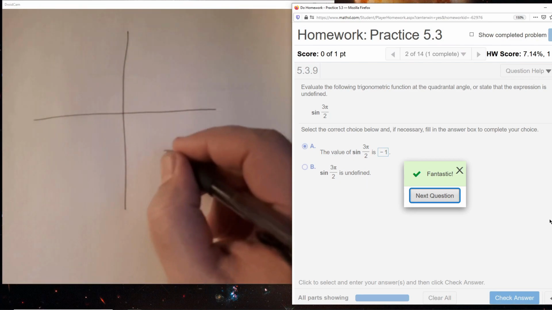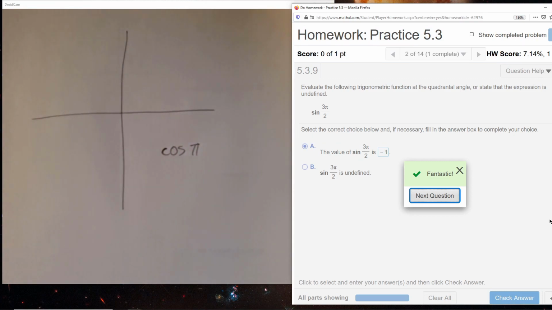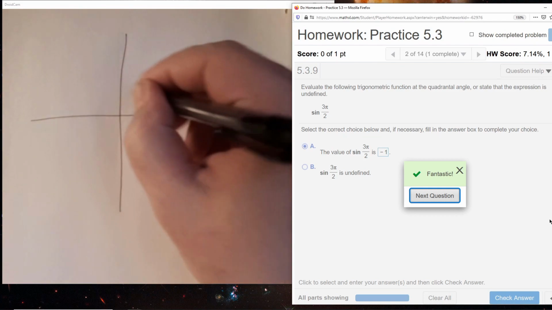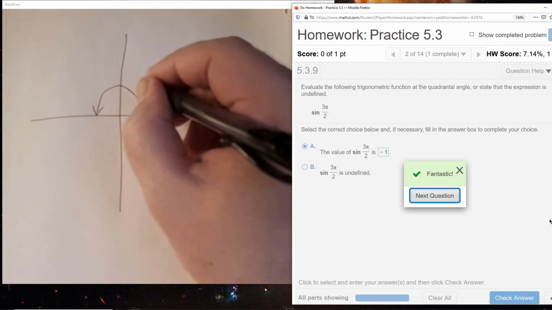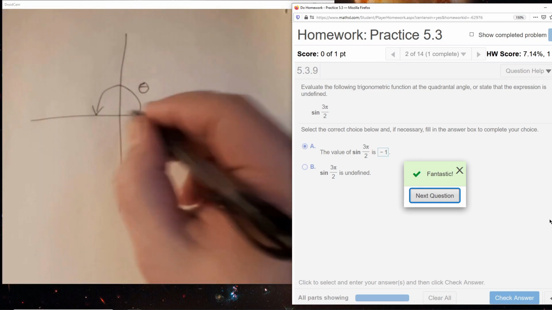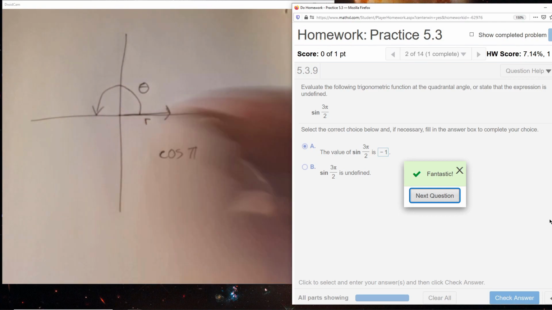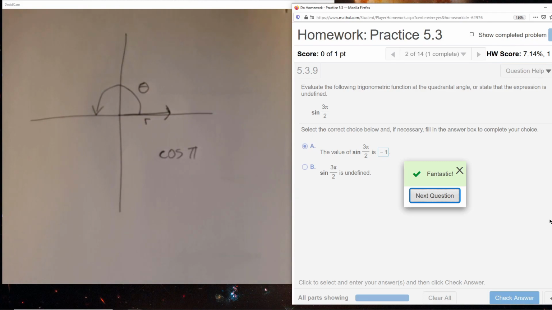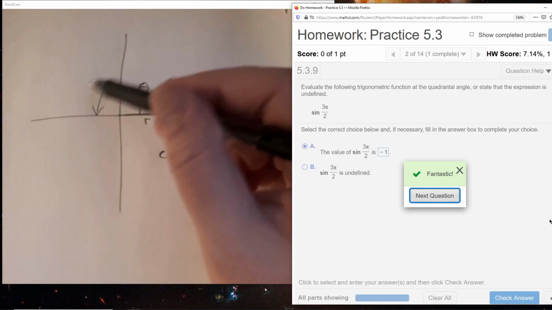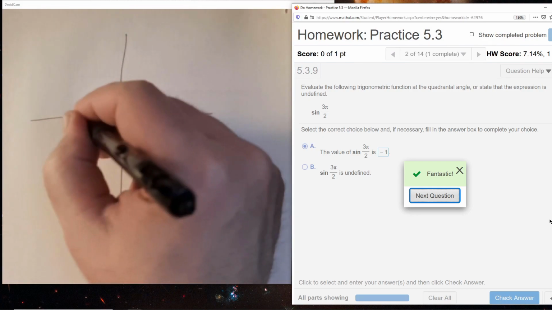And let's say this time we're going to be interested in cosine pi. So pi means we have this standard angle. And again, try to imagine an arrow of some length r, and we rotate this arrow through this angle, and this arrow is now lying flat again over here.